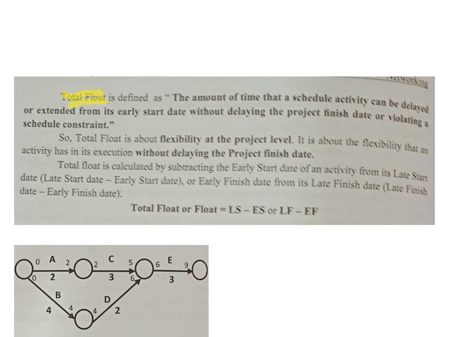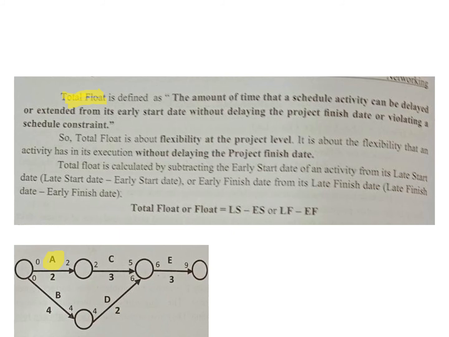But free float is something else. Free float is to do with the activity. The free float that activity A has is the difference between the time in which the next activity can start and the time the first activity finishes.